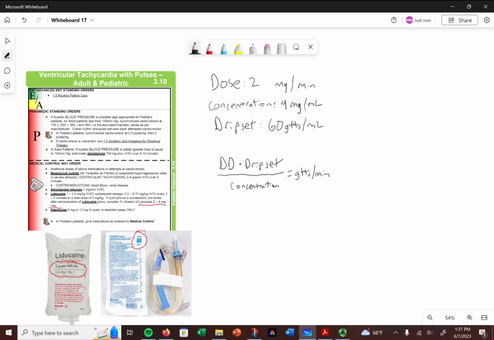When I plug in my numbers, I have 2 milligrams per minute times 60 GTTS per mL, and I'm going to put that over my concentration of 4 milligrams per mL.